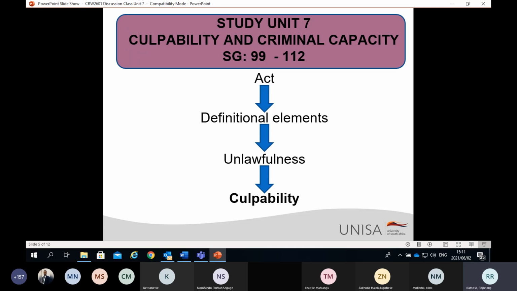Then in unit 12, we will cover the effect of intoxication and provocation. And then culpability ends ultimately with unit 13, which you don't need to study, but we'll repeat and emphasize that as we go along.